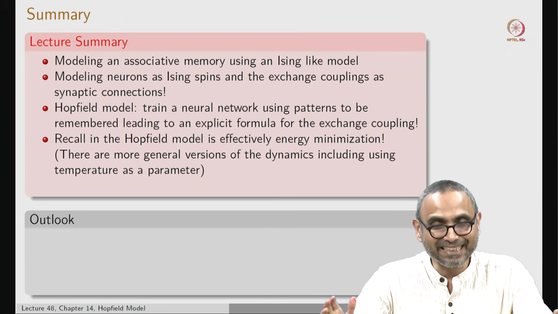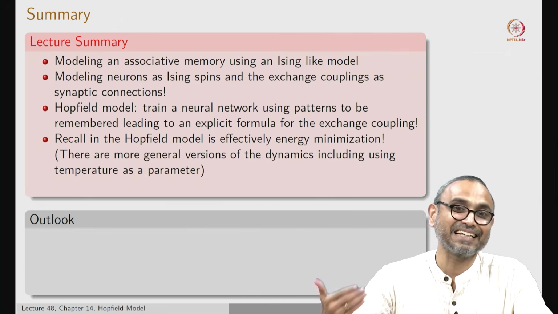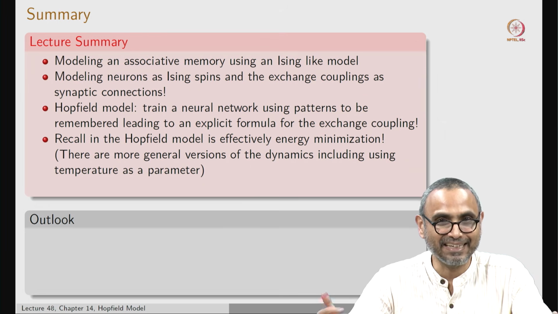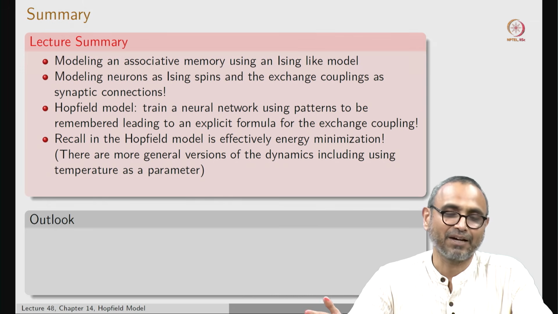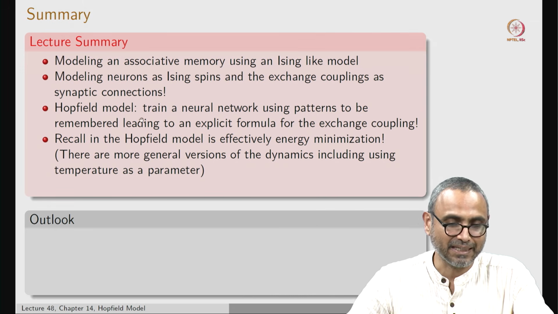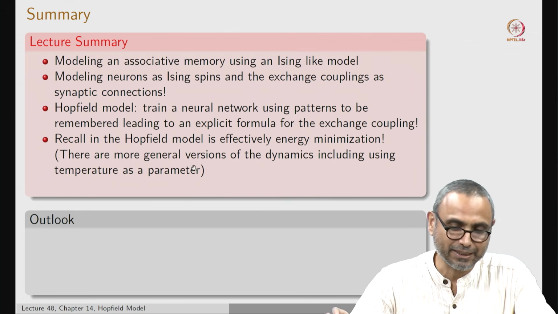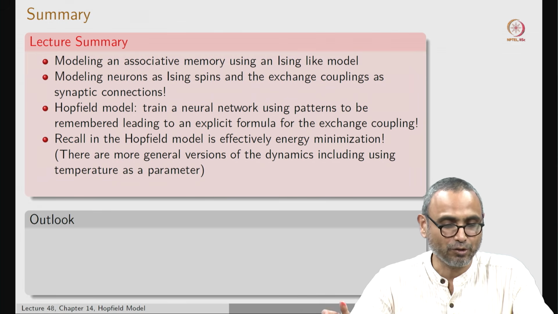And within this Hopfield framework, recognizing or retrieval of a memory is essentially energy minimization. Like I mentioned earlier, there are more general versions of this introducing temperature etc., and something like Monte Carlo can also be applied here. I will not discuss that here.